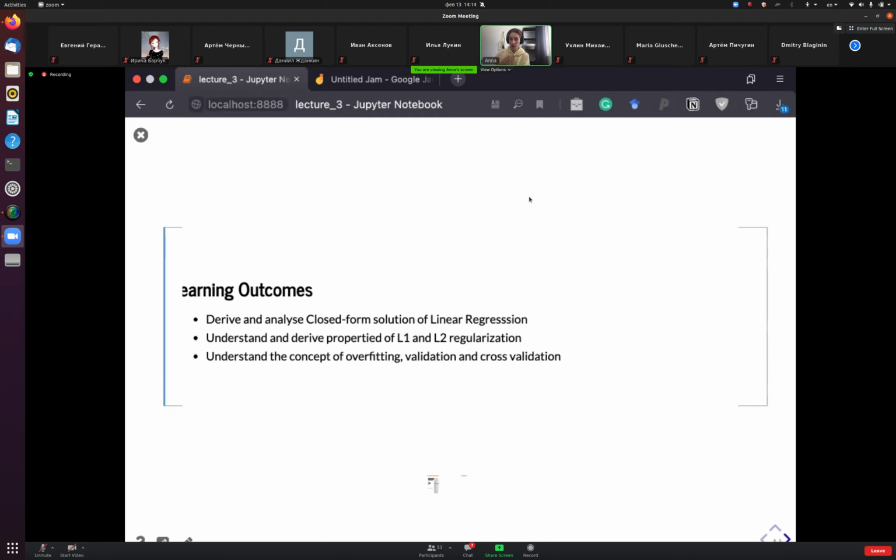And at the same time, lasso regression also throws away the irrelevant features by setting their coefficients to 0. And we also talked about validation, which we can use to compare models with different hyperparameters or just different models, and cross-validation as the way to do the same thing, but in a slightly more sophisticated manner, when you're using all the training data for validation as well.